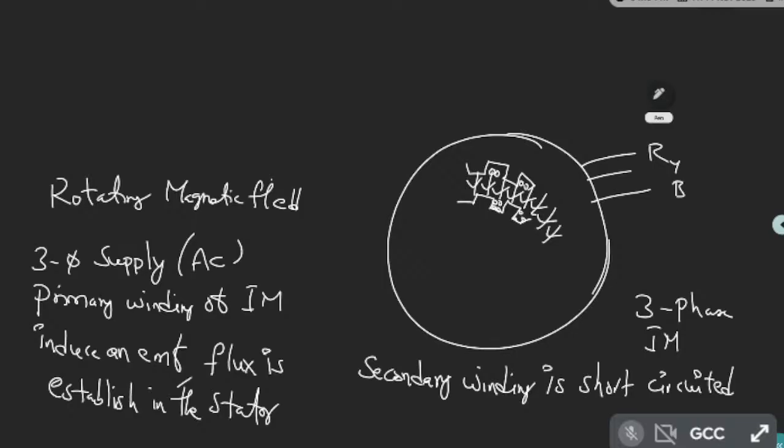Rotate means not a circle; flux only rotates like this. This rotating magnetic field interacts with, or cuts, the rotor conductors.